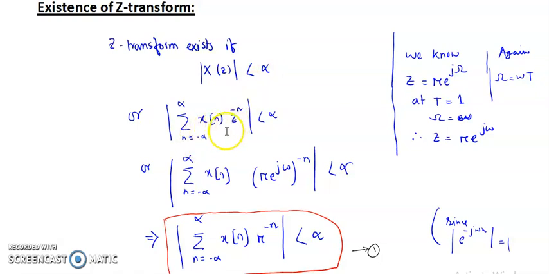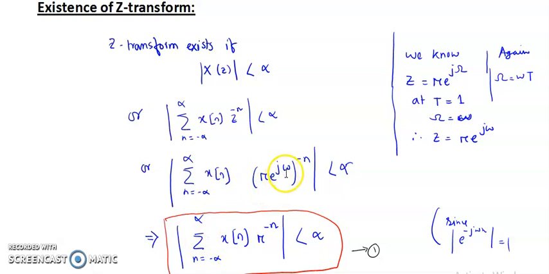Then if you put this condition in the formula, the z-transform of x[n] is x[n] times z to the power minus n, then we can replace z by r e to the power j omega. So z is equal to r e to the power j omega, where we could replace omega t, then we get z is equal to r e to the power j omega for t is equal to 1. From that we can obtain this equation.